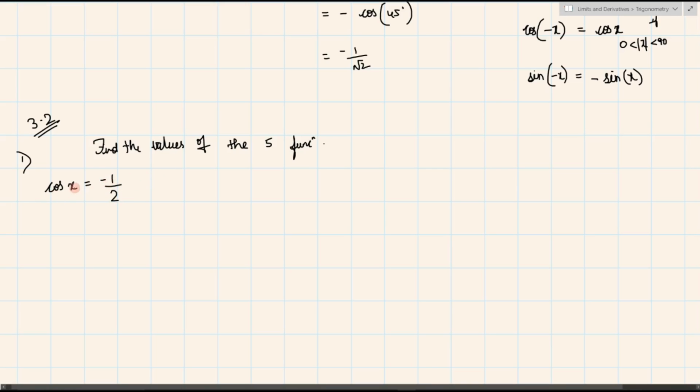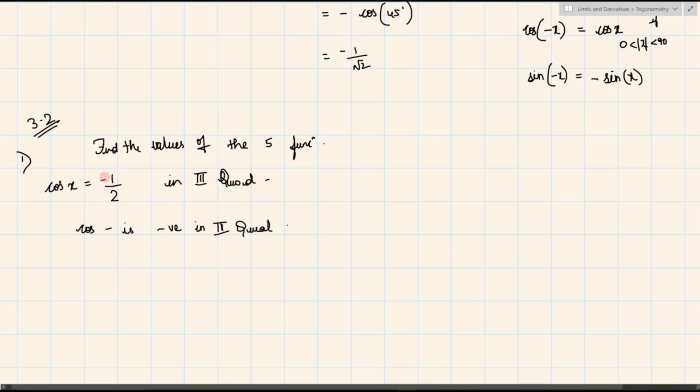So the cos is negative, and they've also given that x is in the third quadrant. So cos is negative in the third quadrant.